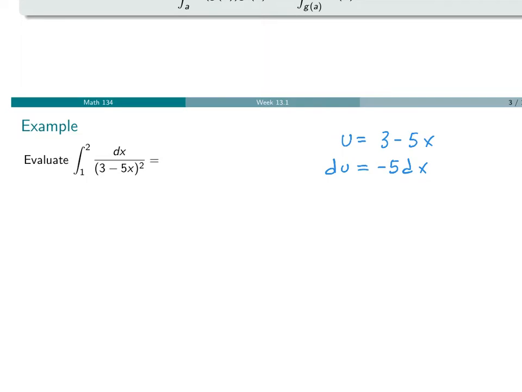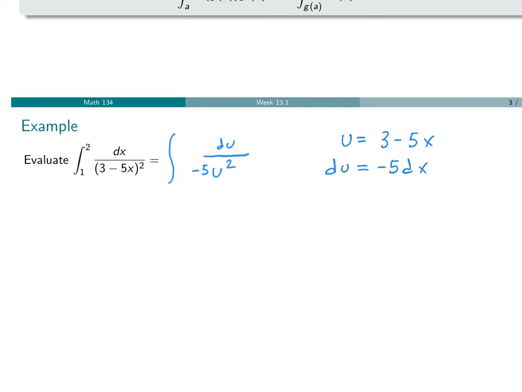So this integral becomes the integral of everything inside the brackets became u, and u is being squared. And then dx is du over minus 5. Now, one more thing that we need to do is make sure that the limits of integration change.